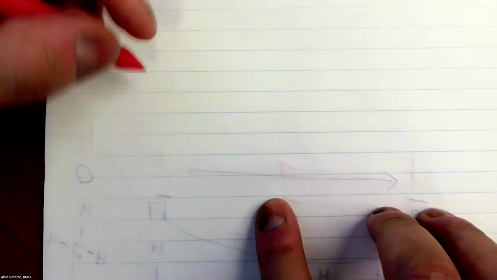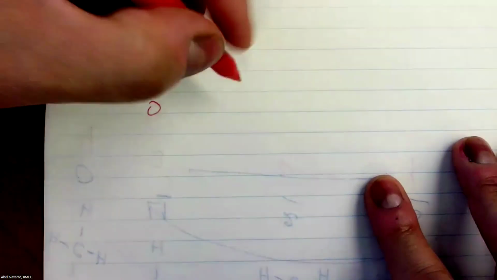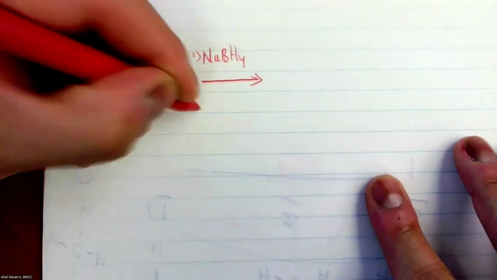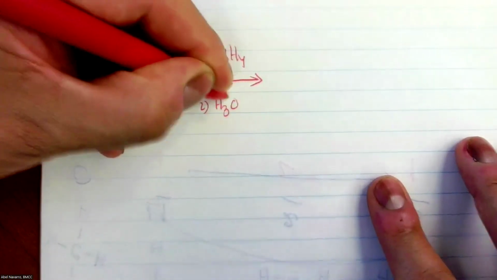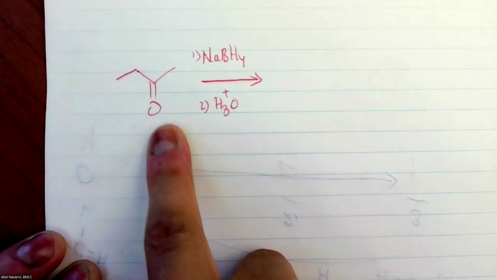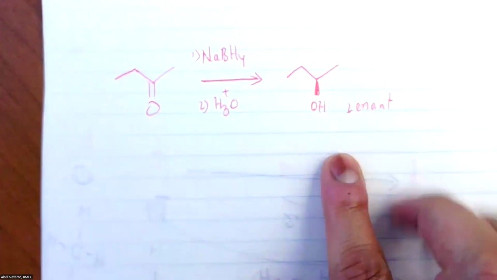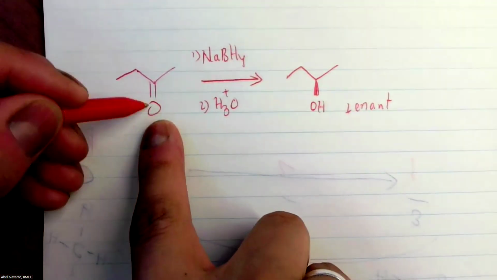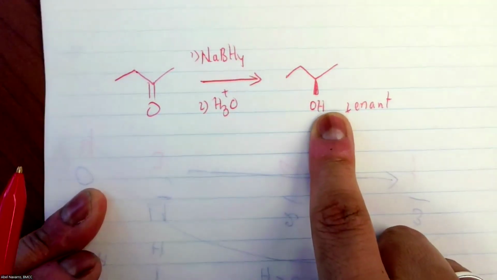So we will reduce. You have a ketone. If you reduce ketones with sodium borohydride, followed by acid, this C double O will get reduced to alcohol. See, this double bond gets reduced to OH.